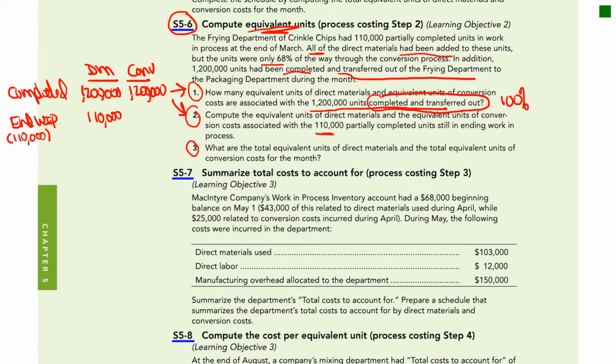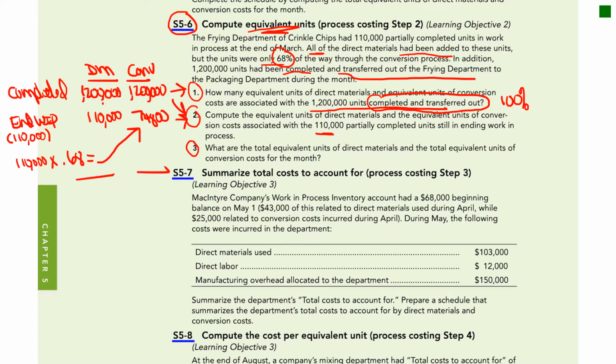And then for the conversion, it's 68%. So for conversion, you take 110,000 and you multiply that by 0.68, and that's going to give you 74,800. That would be your equivalent unit for the conversion. That would be the answer to part two.